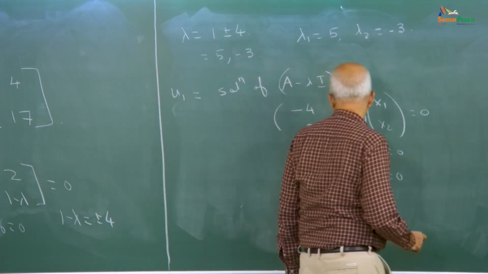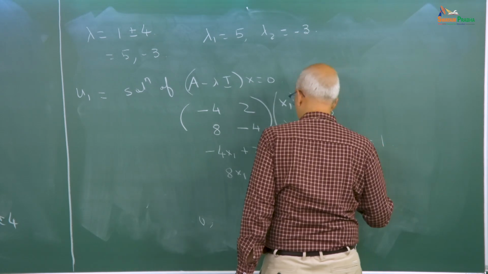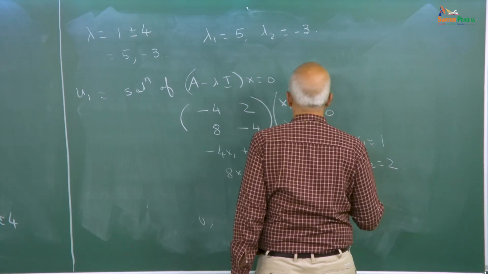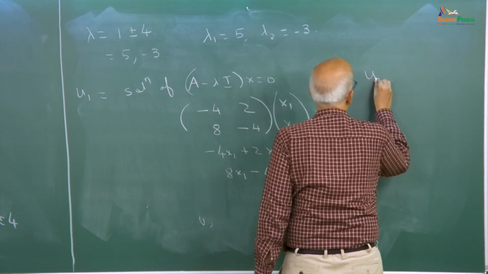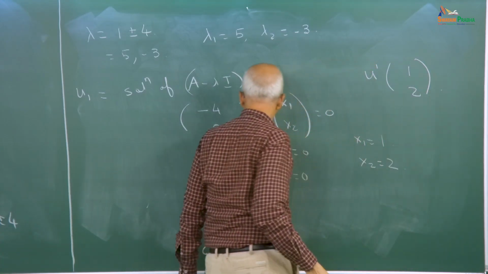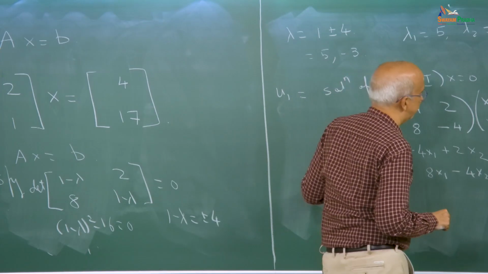So, I am going to put x1 equal to 1 and I will find x2 equal to 2. So, the first eigenvector u1 is (1, 2). U is for A. So, the eigenvector corresponding to lambda equal to 5 is (1, 2).